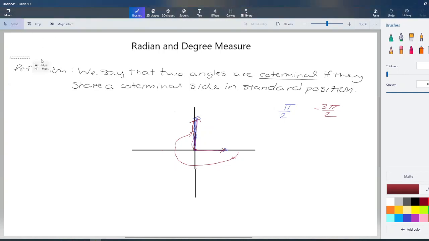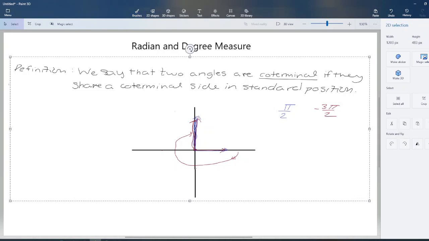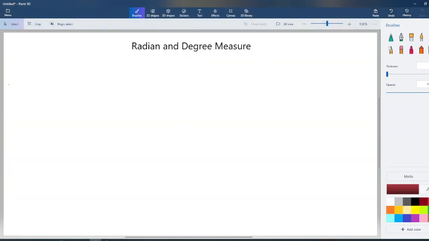All right. So let's go ahead and look at how, in general, we can find coterminal angles. Okay. So we're going to do an example.